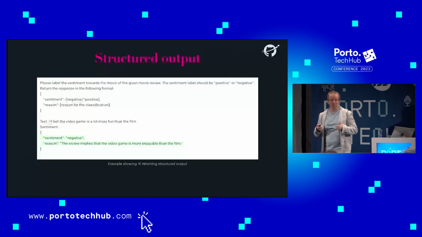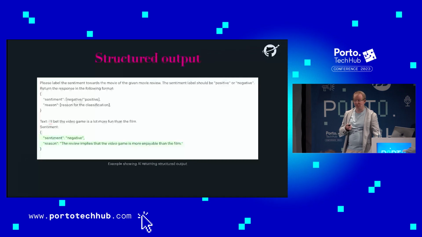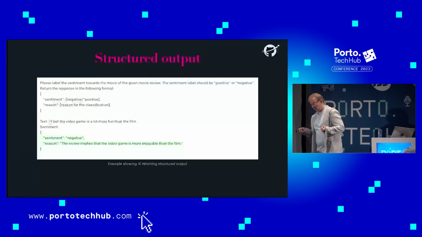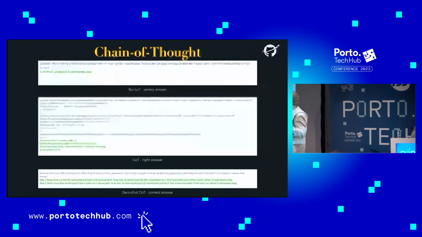So that's the way that we can integrate pretty easily with existing systems. That's the way where we can validate those responses, right? Because if it's JSON, we can easily parse that. We can validate whether the sentiment is only negative or only positive, and so on. That's a pretty interesting technique.